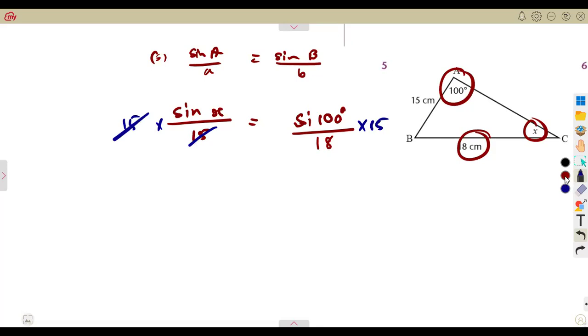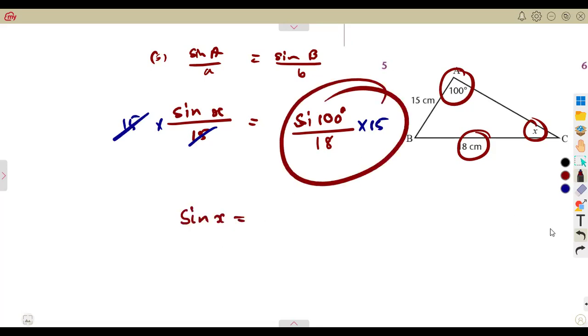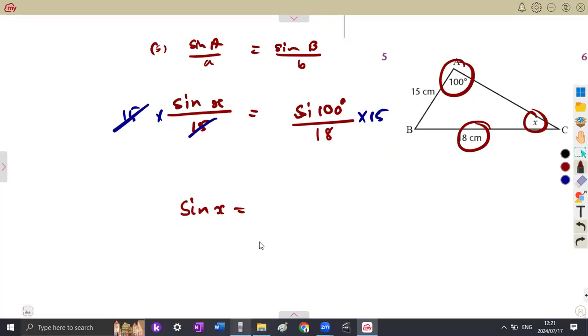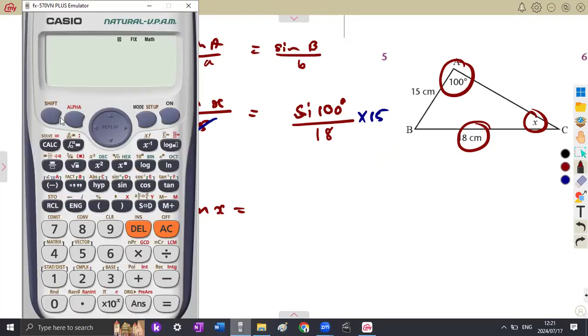So we can calculate our X simply in this case by multiplying by 15 on both sides. So this cancels, and you remain with the sine of X equal to the decimal that you are going to obtain. I'm just going to remove this back to the normal mode because we need exactly the decimal that we were given there.